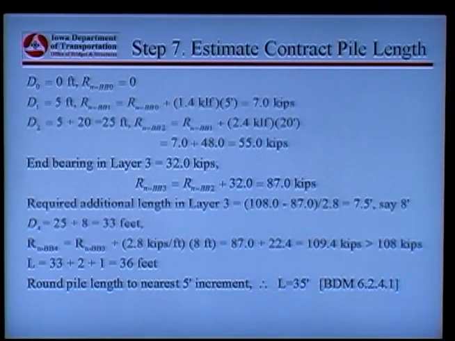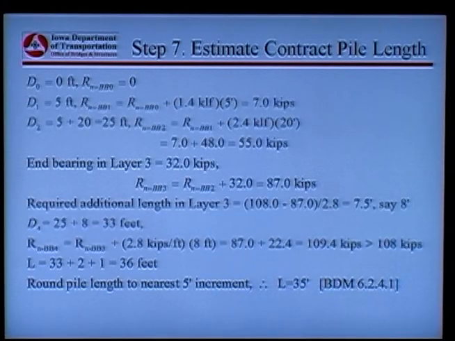Before we get into layer 3, we could maybe take advantage of the end bearing. Up to layer 2, the friction plus the end bearing, we could maybe achieve that 108 kips. Why don't we check the end bearing before we tip into layer 3? So at end bearing in layer 3, basically sitting on layer 3, it contributes a total end bearing of 32 kips.